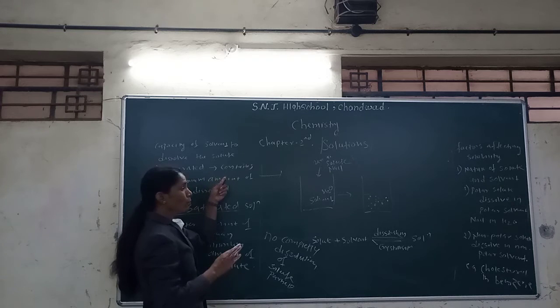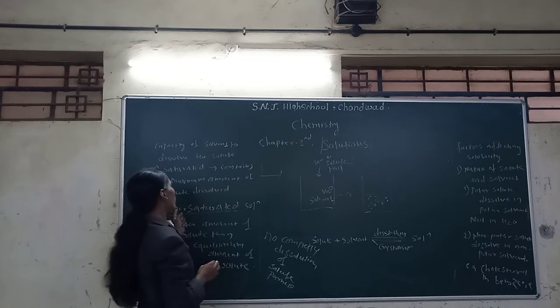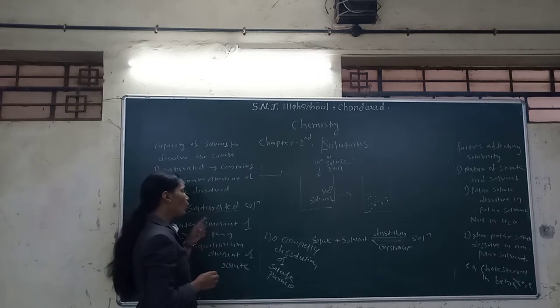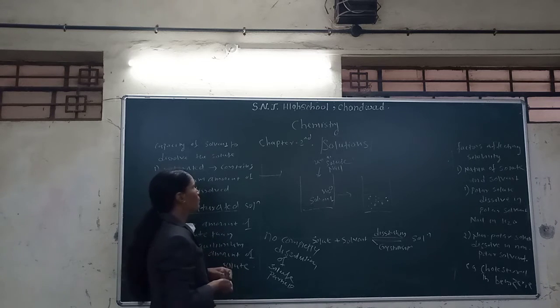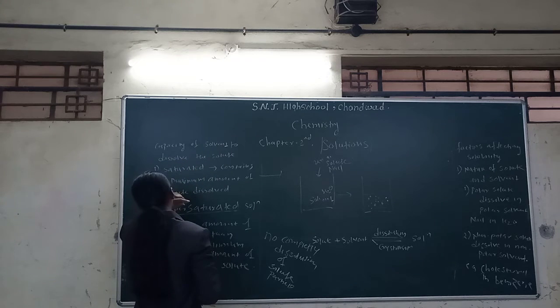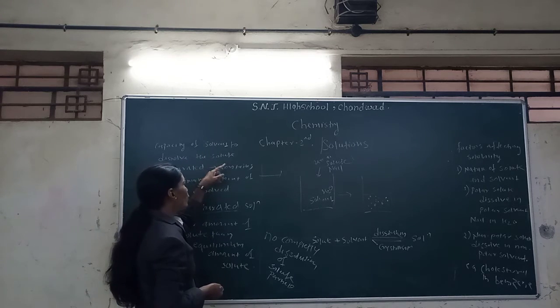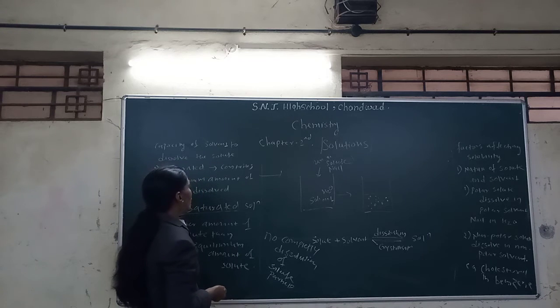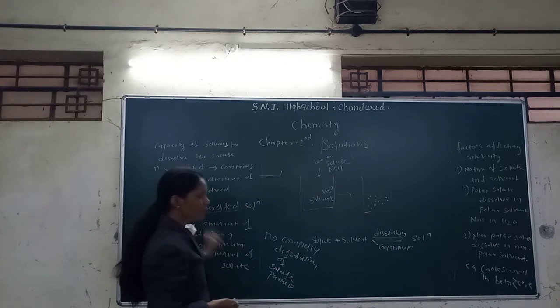Saturated solutions are completely dissolved, and supersaturated solutions have an excess number of solute particles. These depend on the capacity of the solvent to dissolve the solute. In saturated solutions the solute is easily dissolved, and in supersaturated solutions the amount of solute is in excess.